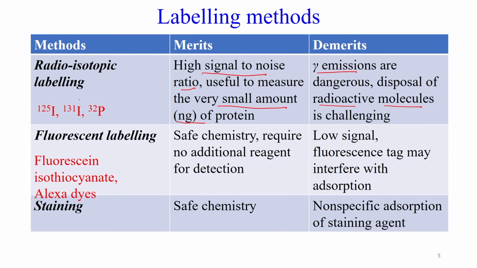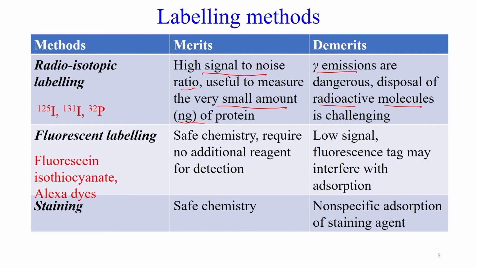So, for radioisotopes we can have I-125, I-131 or P-32. These are compounds we can attach to an amino acid, and depending on the concentration of the particular amino acid or protein, we will have varying intensity of these radioisotopes. So, depending on intensity we can analyze what the adsorbed protein is.